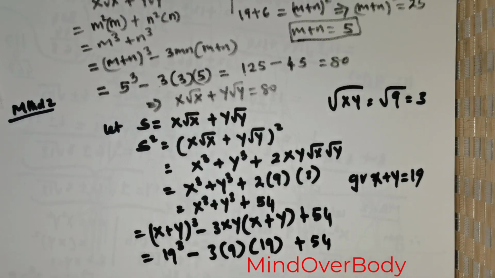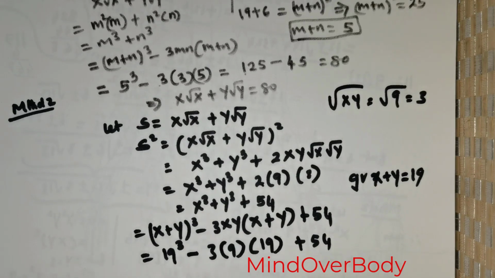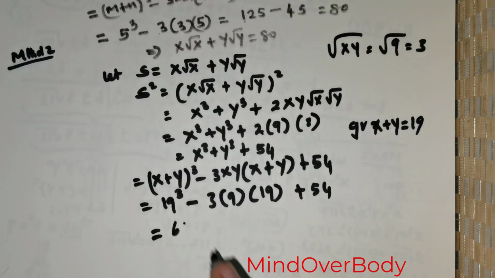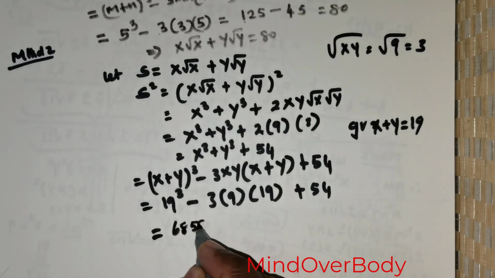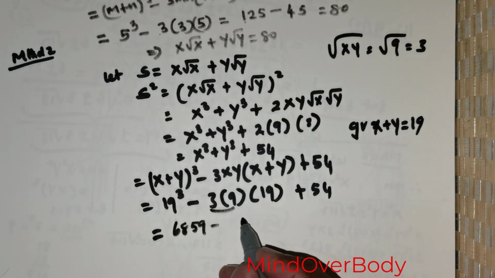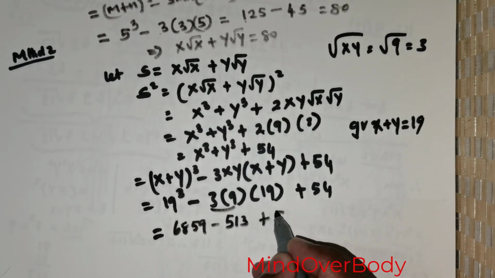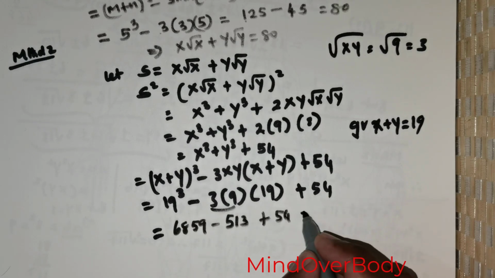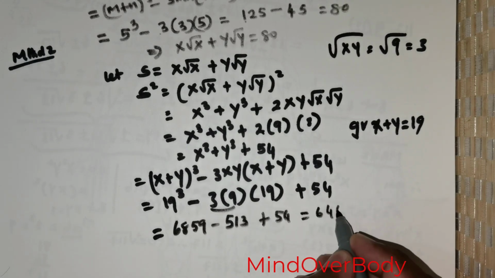Now we will have to obtain the values for all of this. Okay, if you take 19 cubed would give me 6859. 3 times 9 is 27 times 19. This would give me 513 added with 54. So you have to add up all these things. This is going to give me 6400.